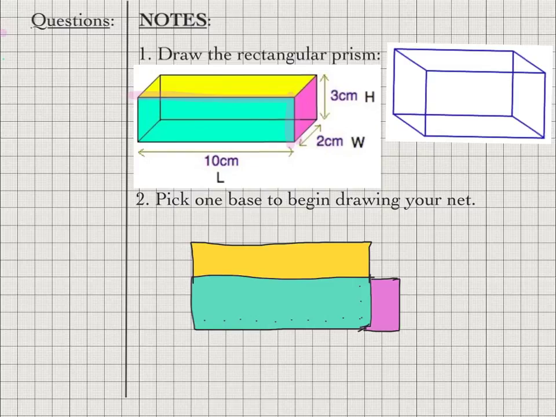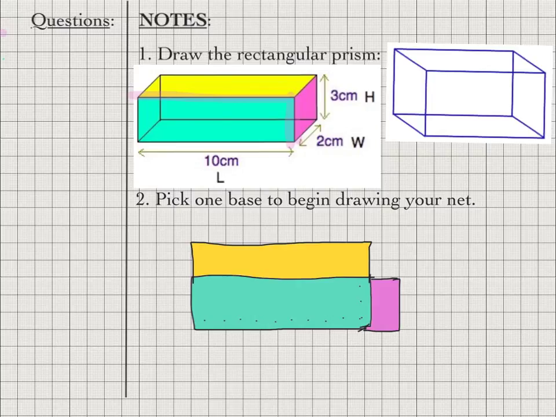If you notice, I went ahead and I added this 3rd face over here onto my drawing. It was the one that was connected that I could have chosen to do second. So now what I have represented in my drawing is I have a front, which is the teal, I have a right side, which is the pink, and I have a top, which is the yellow.